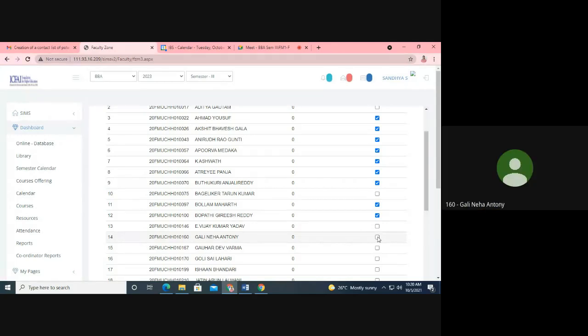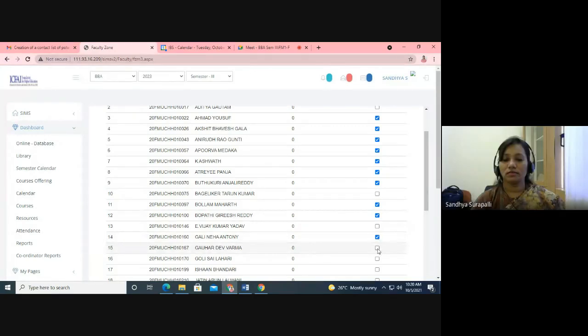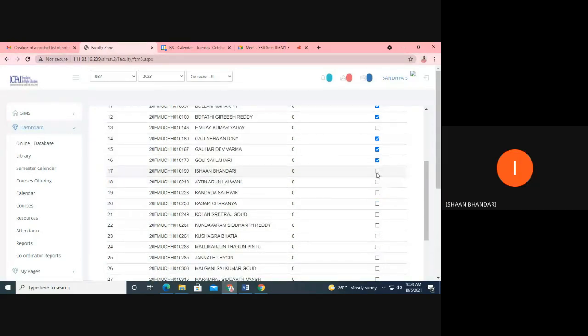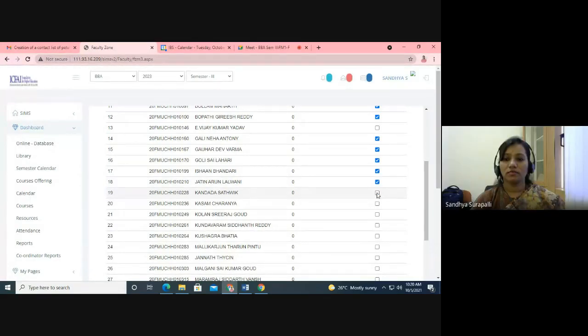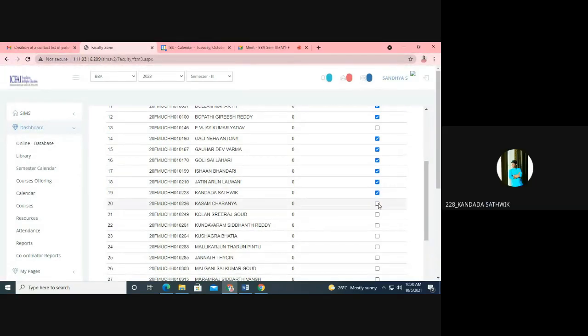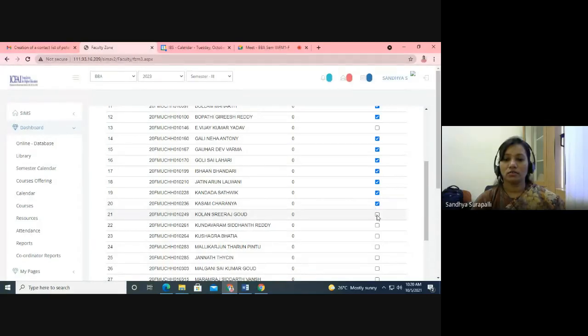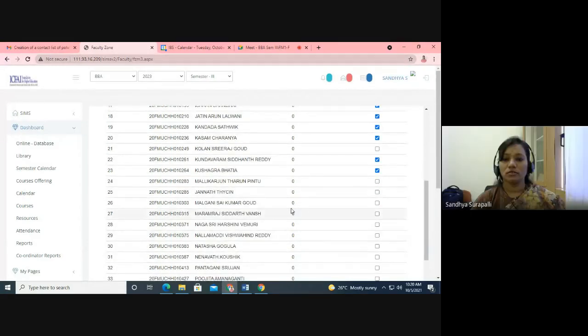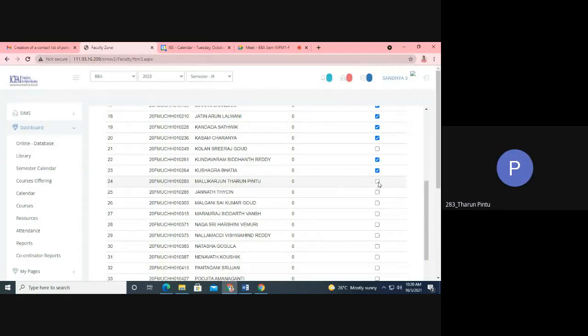Neha, Present, ma'am. Gohar, Present, ma'am. Sai Lahari, Present, ma'am. Ishan, Present, ma'am. Jatin, Present, ma'am. Satvik, Present, ma'am. Charanya, Present, ma'am. Siddhant Reddy, Present, ma'am. Kushagra, Present, ma'am.